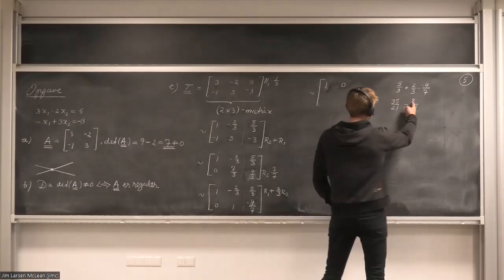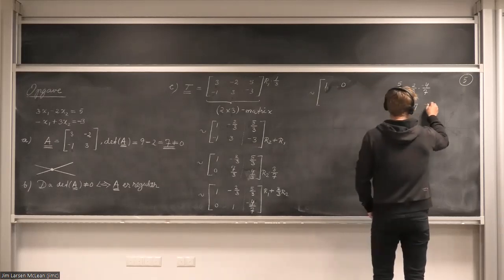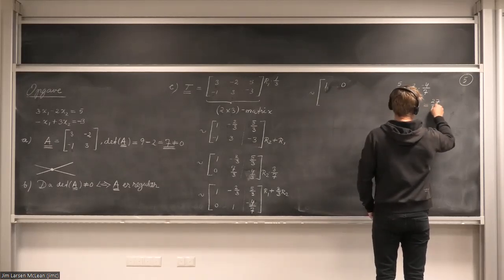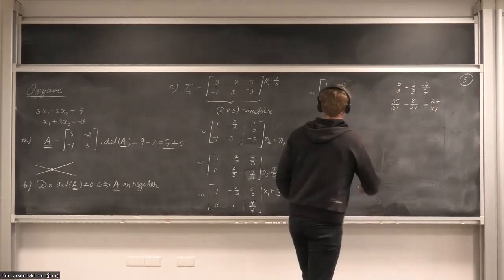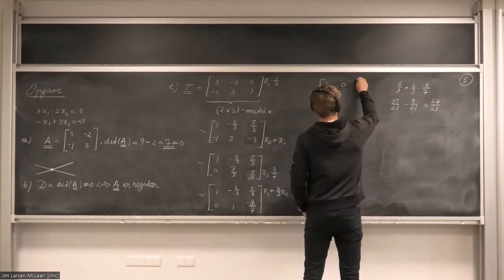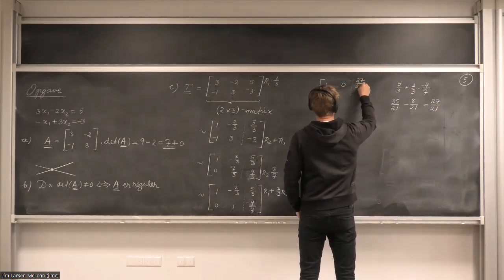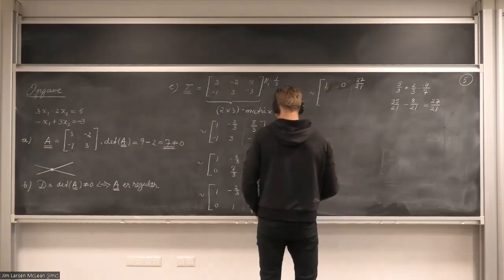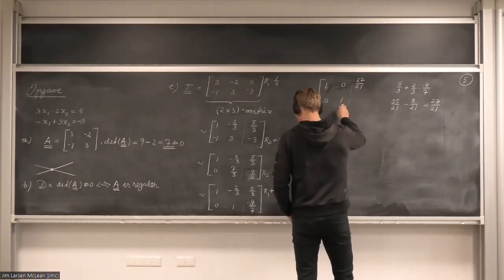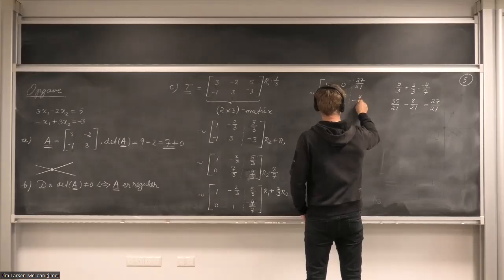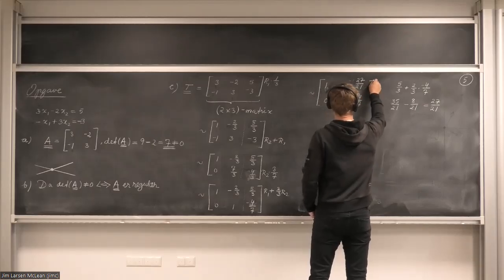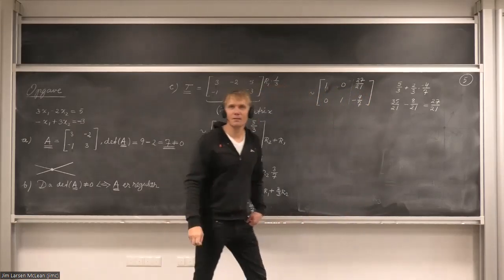And then I can subtract 8 from 35, which gives 27. Do you agree with me on that? So here's where one should stand: 27 over 21. And here it should still say 0, 1, -4 over 7. I hope you agree with me on that.